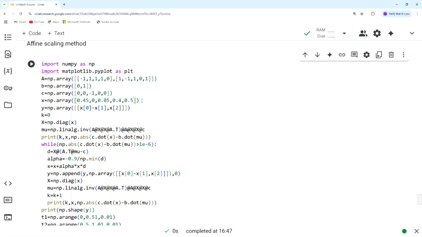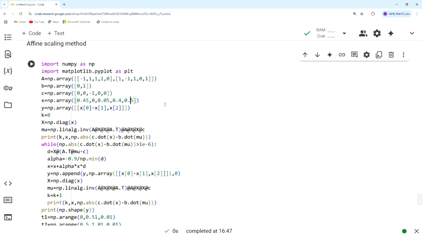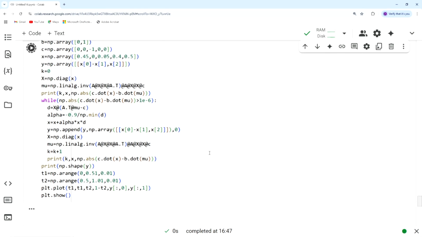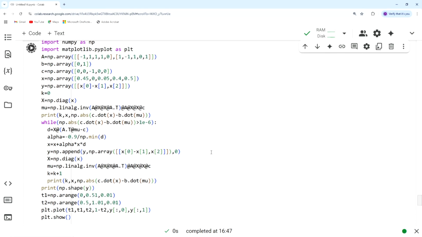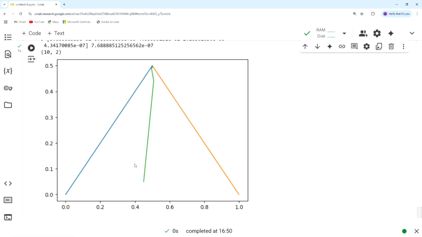Fine, let us see what happens to the answer with this initial point. This is also in the interior, as you can see. We started with 0.45 comma 0.05, you can see how it goes. It is completely in the interior, no questions on that.